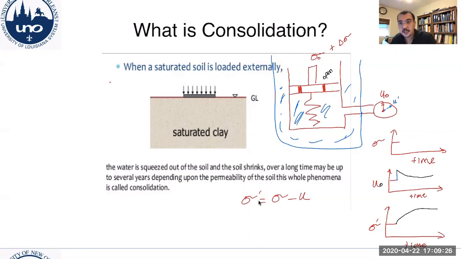And that's basically the consolidation process. So the soil is your spring, and you're observing what's going on in terms of effective stress and pore water pressures as consolidation is taking place. And basically the volume of water that is going to be leaving the sample is going to be the same volume that the sample will compress, or the change in the voids ratio for the sample.